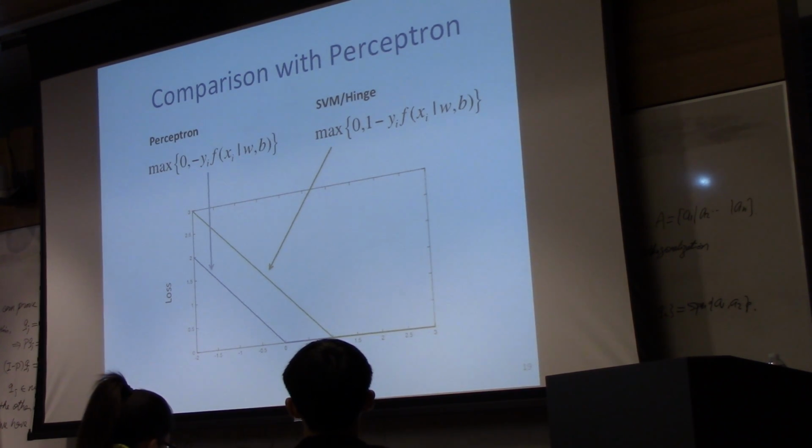This is part of the reason why the perceptron can converge to any model in the linearly separable regime, whereas the SVM converges to the maximum margin model. Any questions?